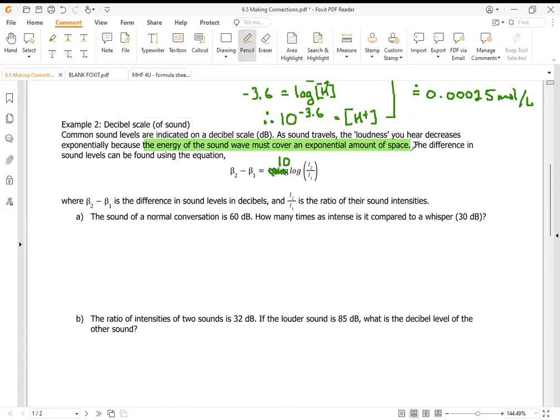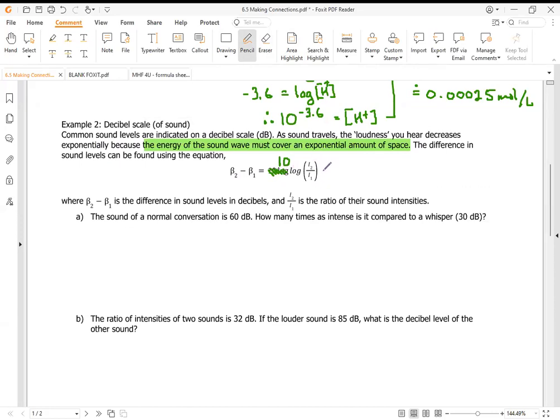And that's a really good scientific point. The difference in sound levels can be found using this equation. A single decibel difference is 10 times log of a ratio of the intensities.